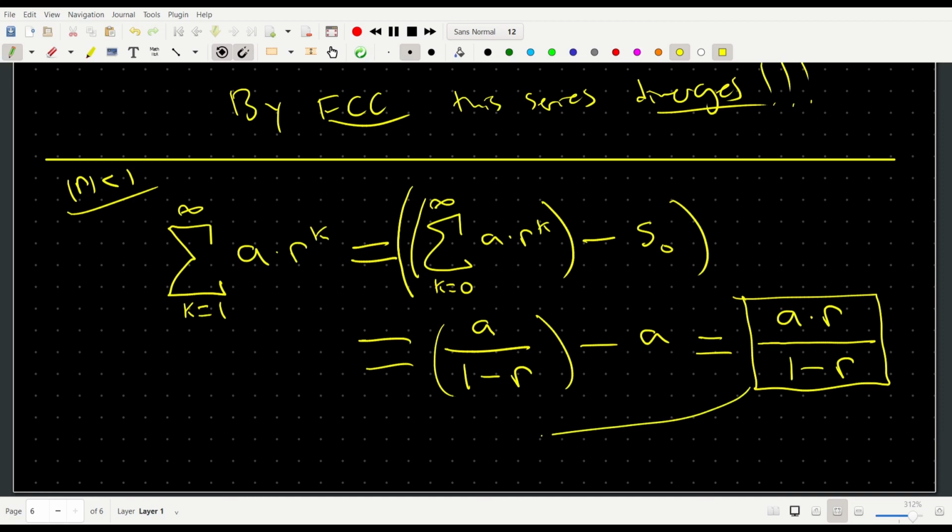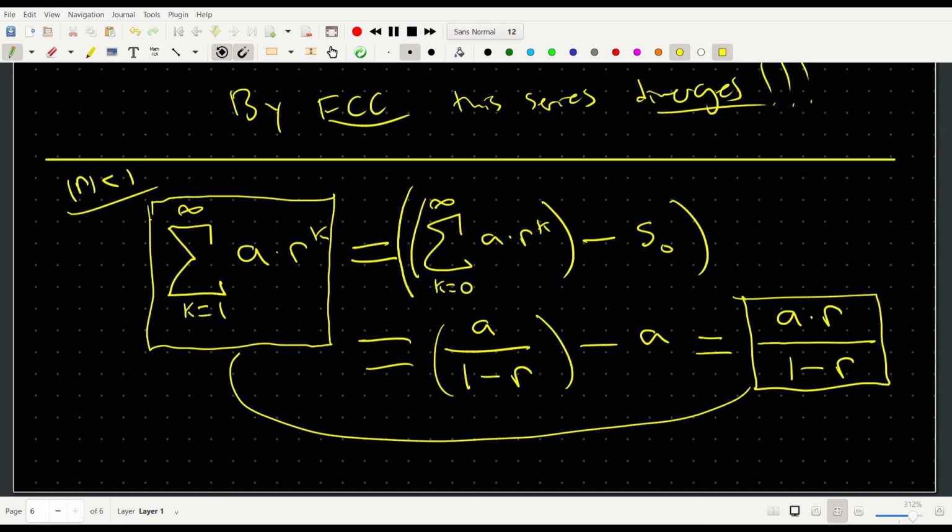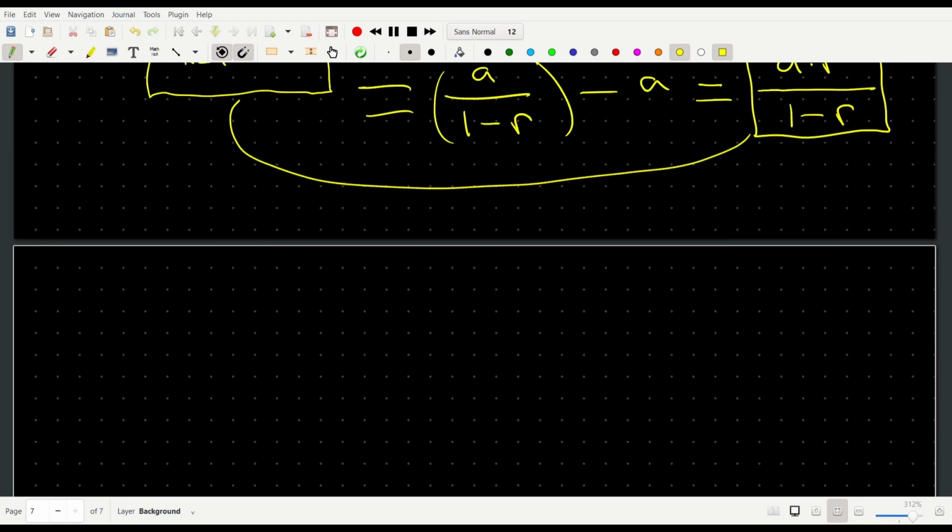So this is the formula for the geometric series starting at k equals 1. It's omitting that first term. But this is a process that you can follow for any other starting point.